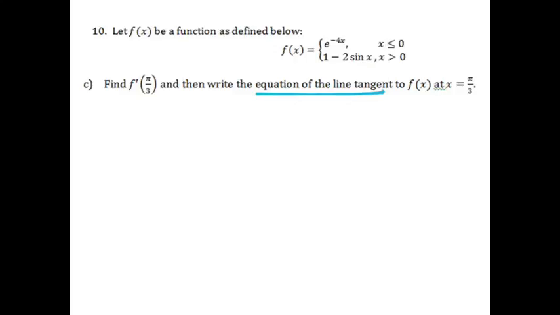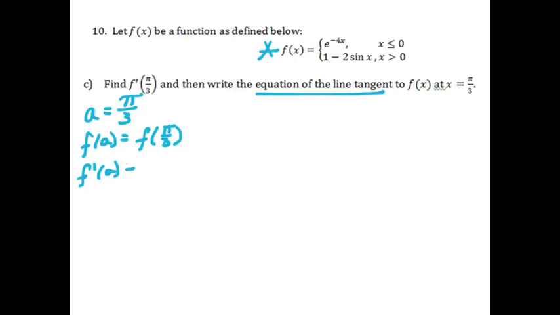In order to do that, I need to find a value for a, a value for f of a, and I need f prime of a. Here in the question I can see that a is pi over 3. To find f of a, that's going to be f of pi over 3, which means I need to substitute pi over 3 back into our original function.